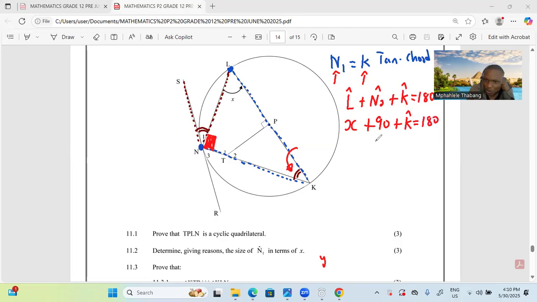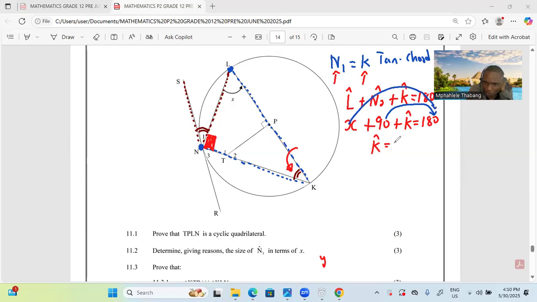Now you want to solve for K. You take 90 to the other side, you take X to the other side. You are transposing.